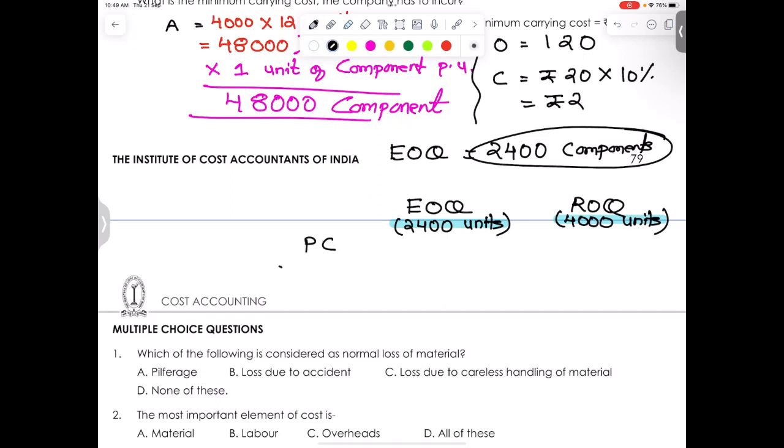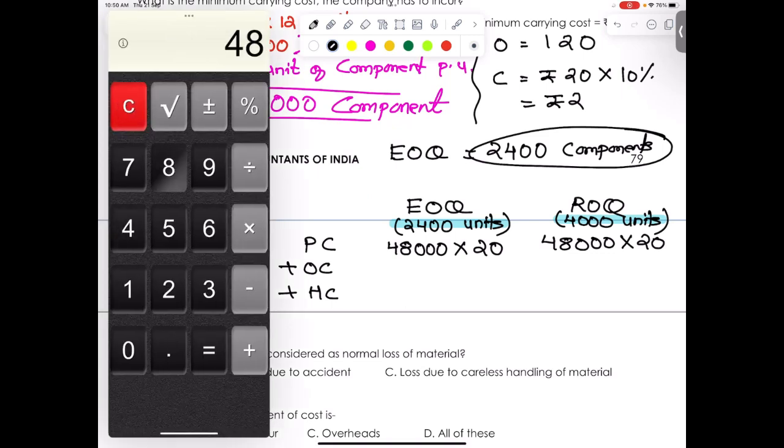Purchase cost plus ordering cost plus holding cost. Annually, you will purchase 48,000 units, multiplied by 20. If you order only 2400 units, annually you have to purchase 48,000 units.